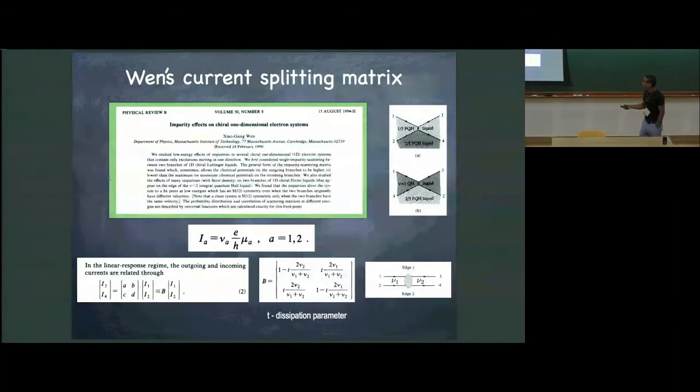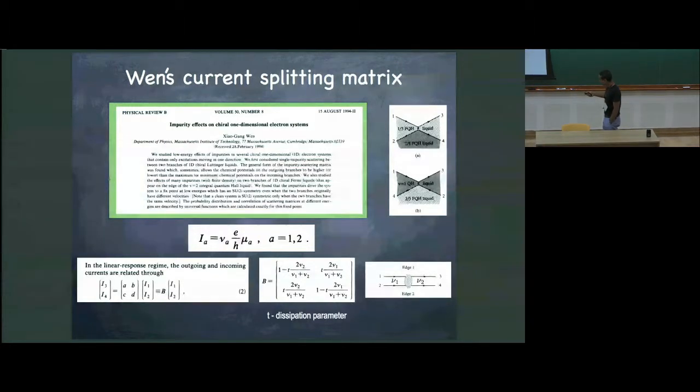Okay, so this goes back to Wen. The first paper which I can think of where this is already discussed is from 1994 by Wen, where he writes down exactly a current splitting matrix and defines the current this way. He discusses a situation where there's a mismatch of filling fraction and introduces a dissipation parameter. If you put the dissipation parameter to 1, which is the limit when it's dissipationless, you get a matrix which splits the current in such a situation.